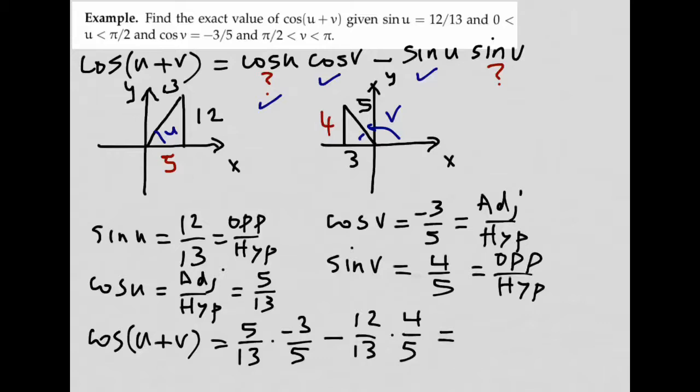Notice the denominators are equal. 13 times 5 is 65. And minus 15 minus 12 times 4, that's minus 15 minus 48, which equals negative 63. So cosine of u plus v is minus 63 divided by 65.